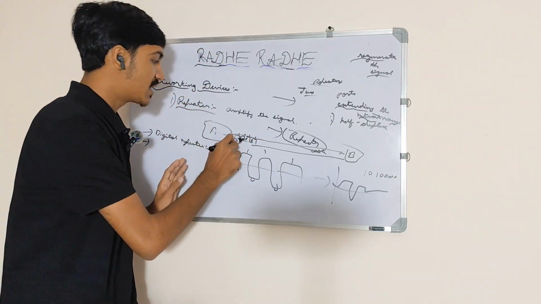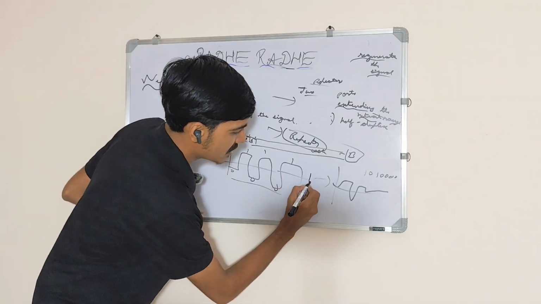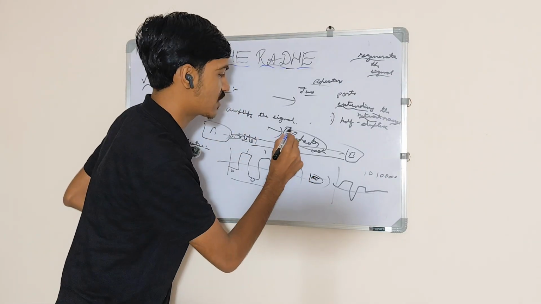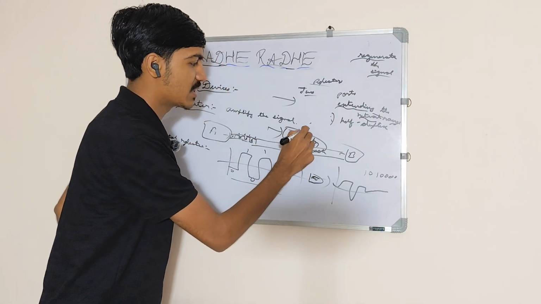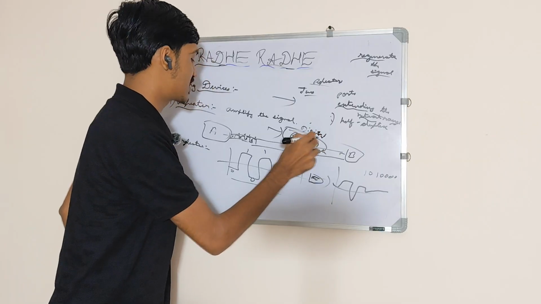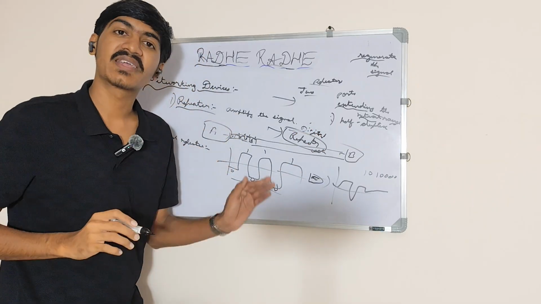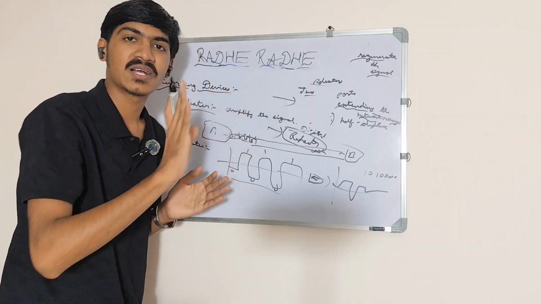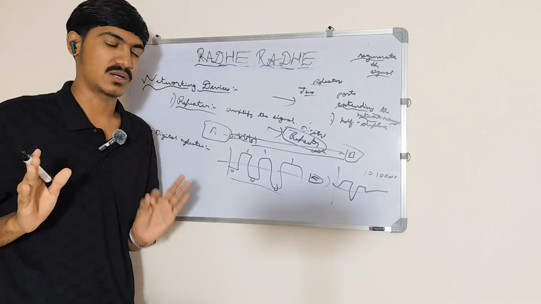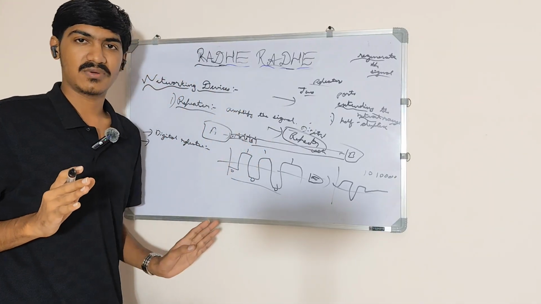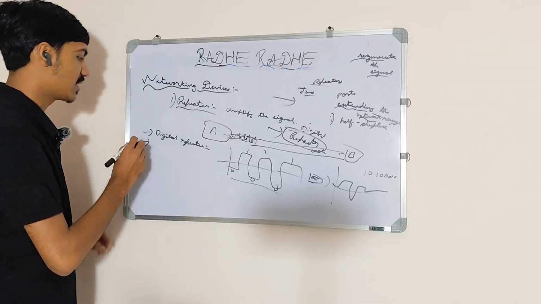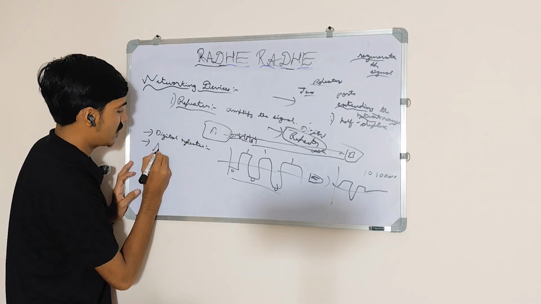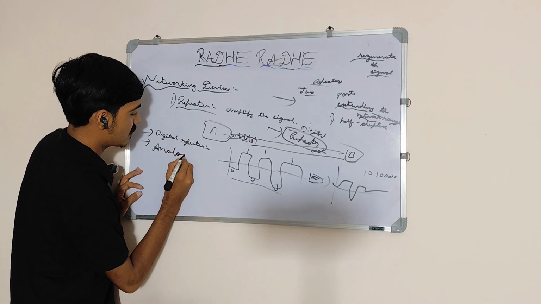The repeater sitting here is a digital repeater, because it takes weakened digital signals, amplifies and regenerates them, and sends out strong digital signals. That is the digital repeater. We have one more type called the analog repeater.